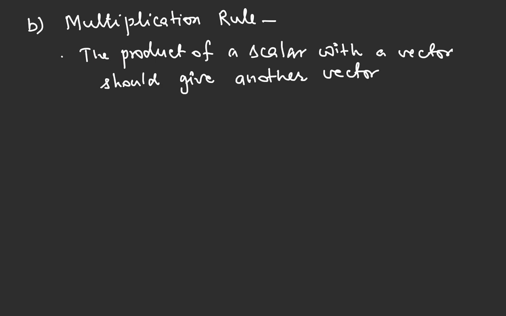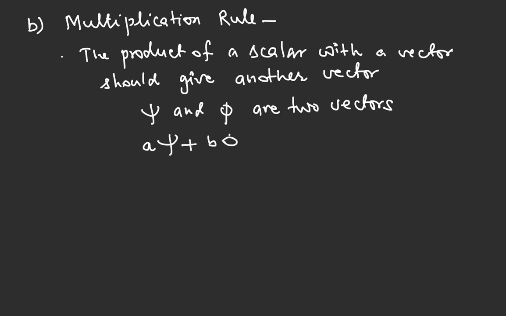That is, if psi and phi are two vectors, then any linear combination a psi plus b phi is also a vector of the vector space, where a and b are scalars.